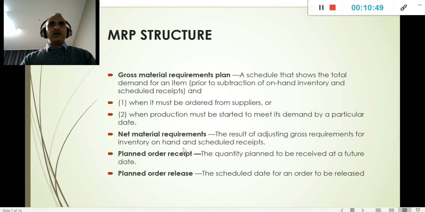Okay, so we have the gross material requirement plan, which is in general the total demand of an item, right? How much material we have in general, and when it must be requested, when it will be supplied, by whom, etc.